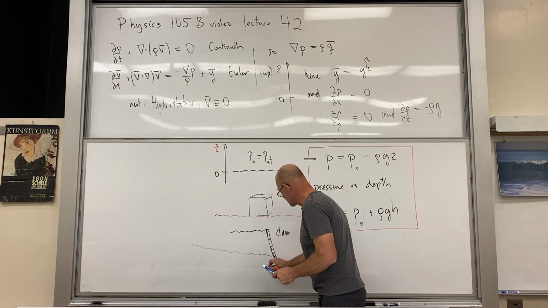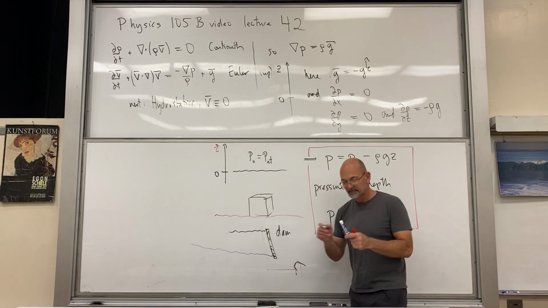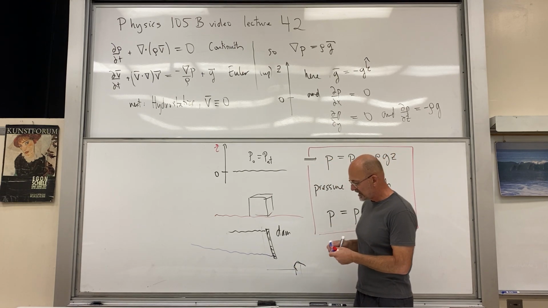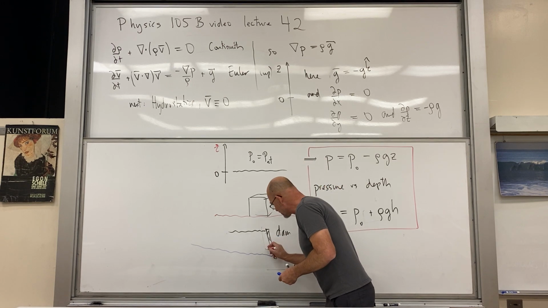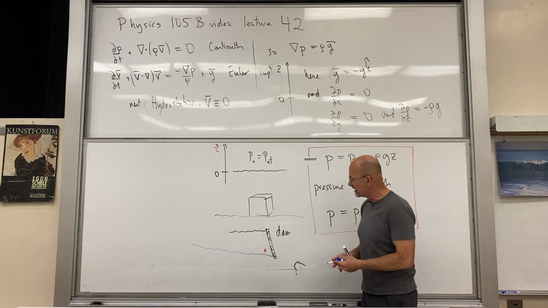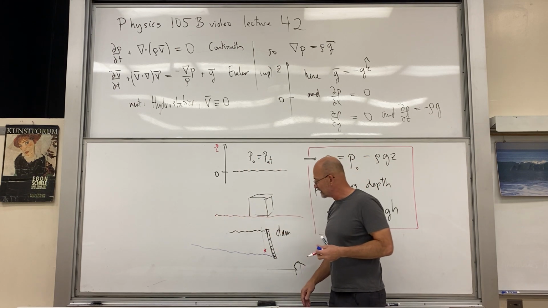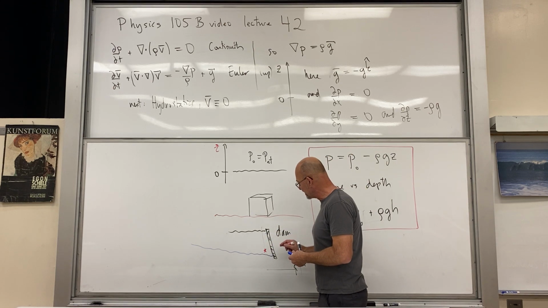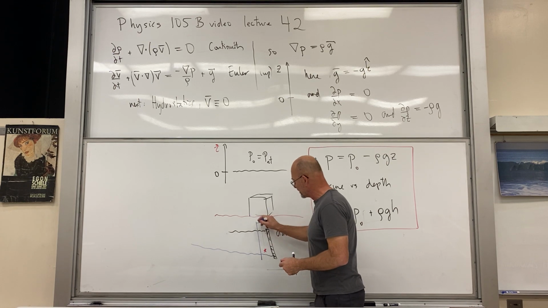And who knows, you could have a hydropower plant or something. Be that as it may, the pressure at some point here, red star, has nothing to do with how far back this lake extends. It's really just a function of the depth, and it would be equally great if this water were terminated right here.